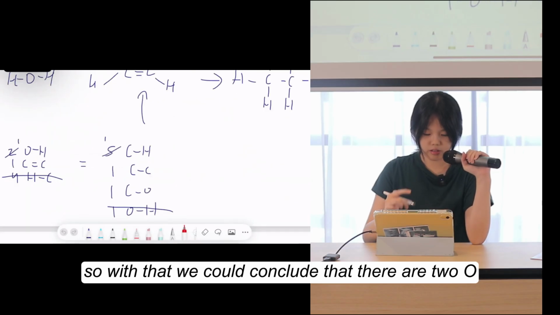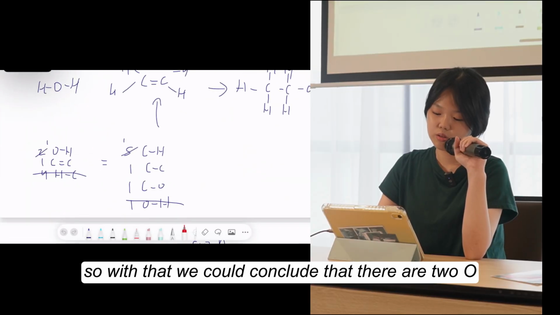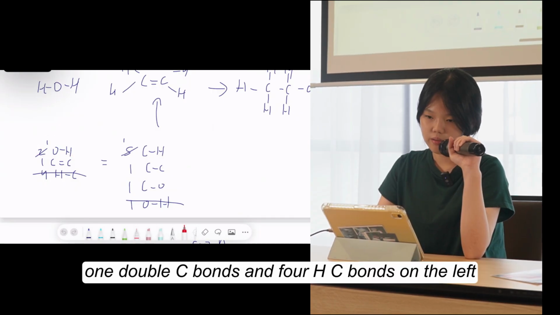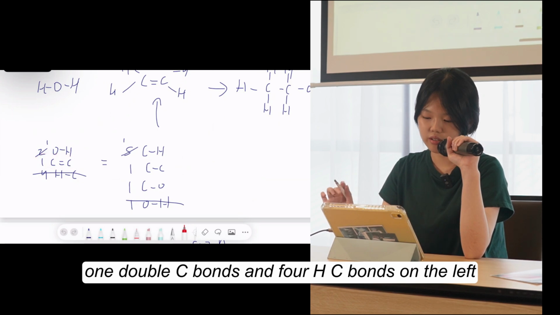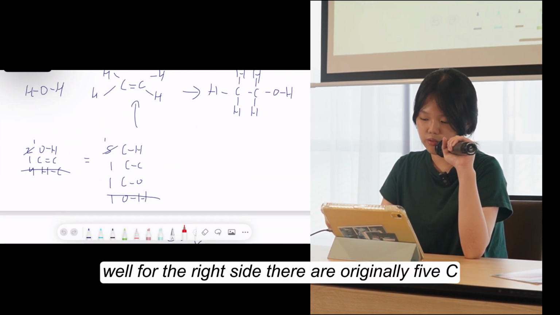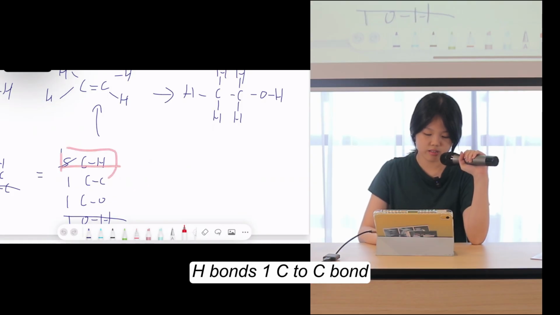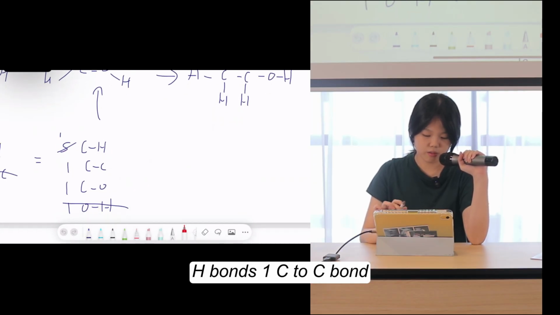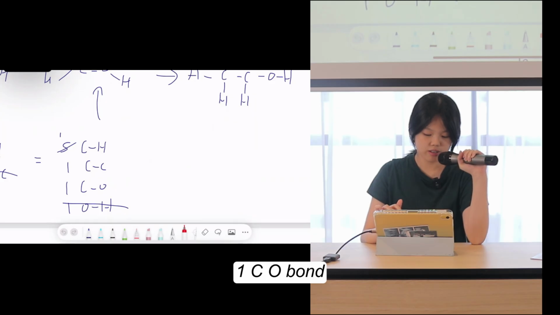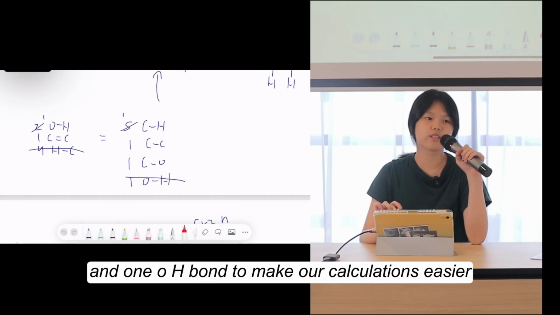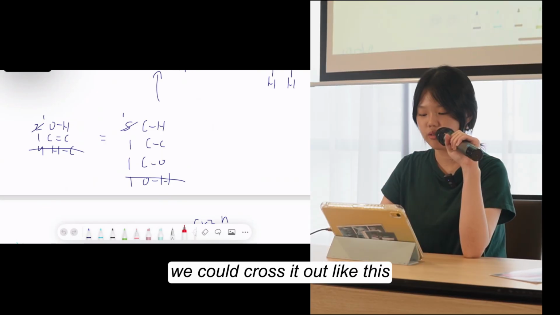So with that, we could conclude that there are 2 OH bonds on the left, 1 double C bond, and 4 HC bonds on the left. While for the right side, there are originally 5 CH bonds, 1 C to C bond, 1 CO bond, and 1 OH bond. To make our calculations easier, we could cross it out.